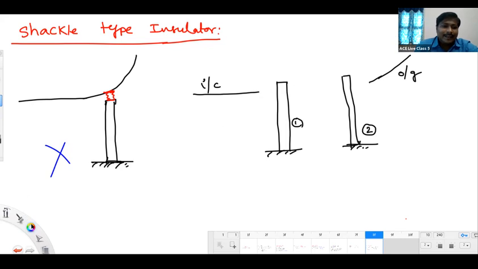So I will make one insulator in the shape of a dumbbell. That dumbbell we will be connecting to the pole in this manner, and the incoming conductor we will twist onto the dumbbell.